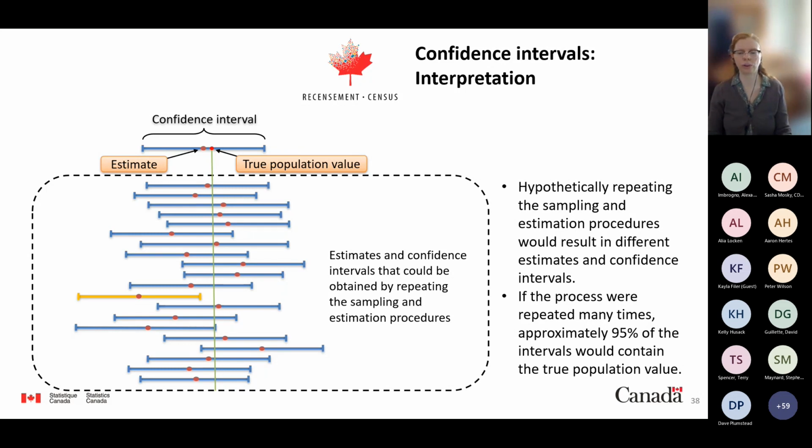And in fact, for a 95% confidence interval, if we repeat the sampling and estimation procedures many, many times, in the long run, approximately 95% of the intervals produced will contain the true population value. So that's the precise meaning of the confidence interval and the confidence level.